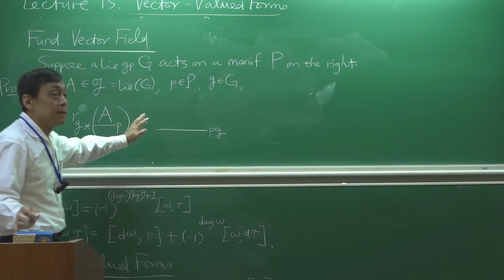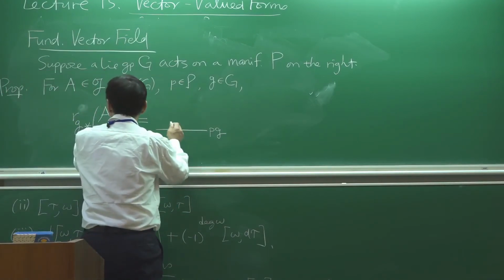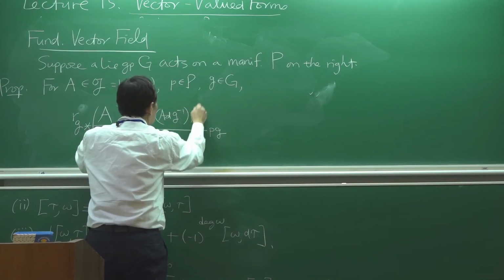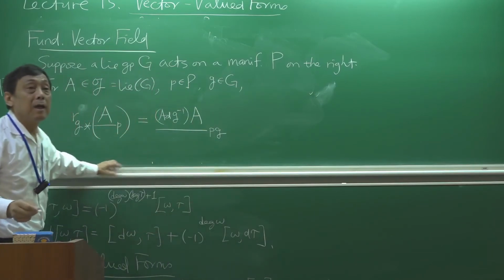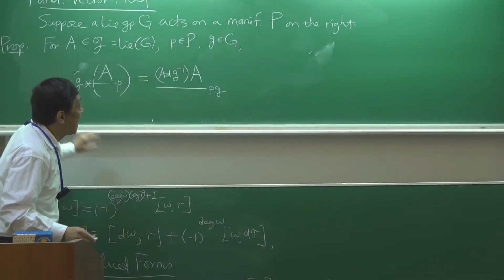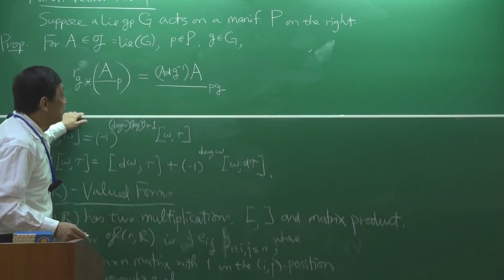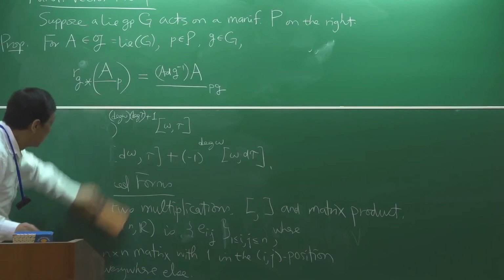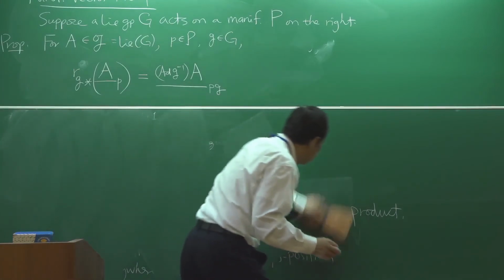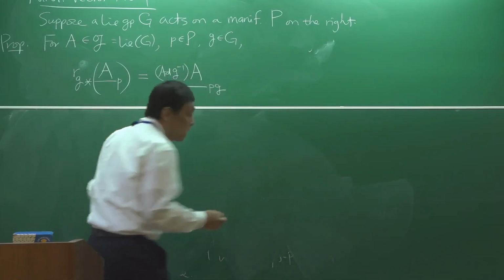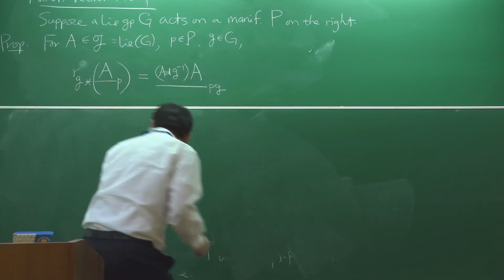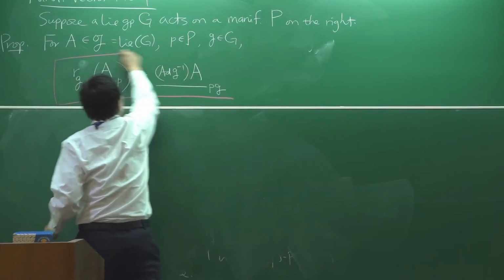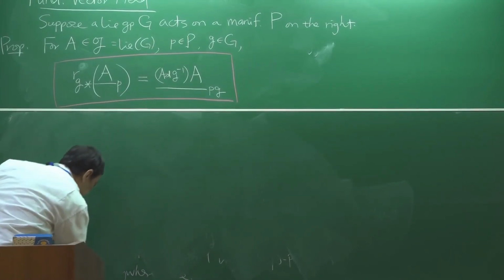Well, it'll be a vector at pg, and it's going to be associated to Ad(g inverse) times A. Okay? So here Ad is the adjoint representation. Okay, so this is going to be a very important formula, and so I'm going to put it in a box.